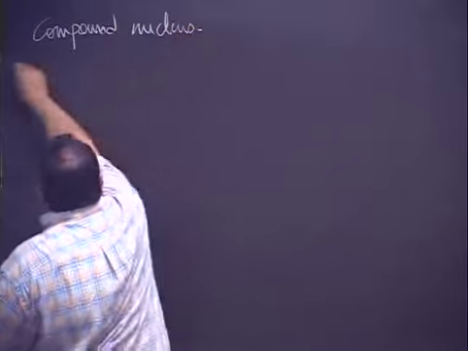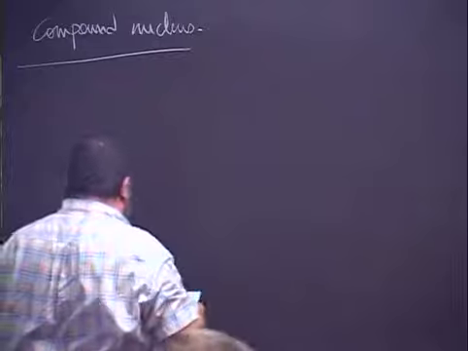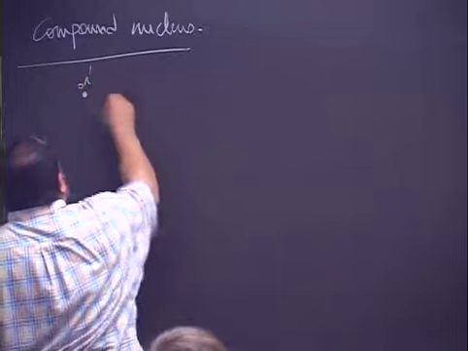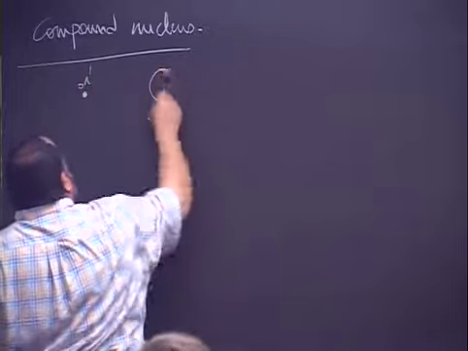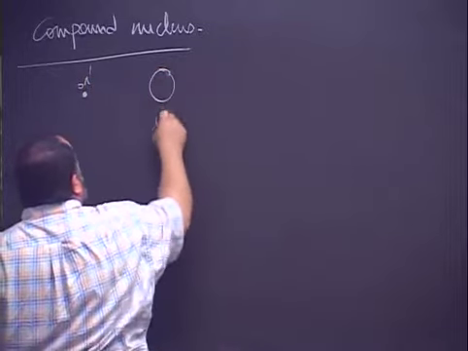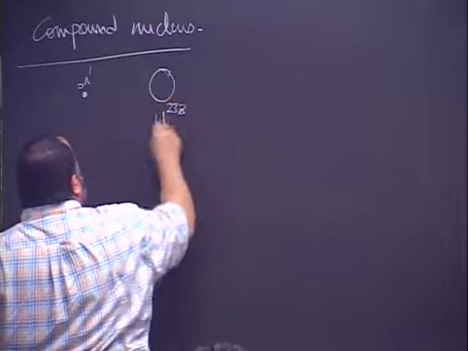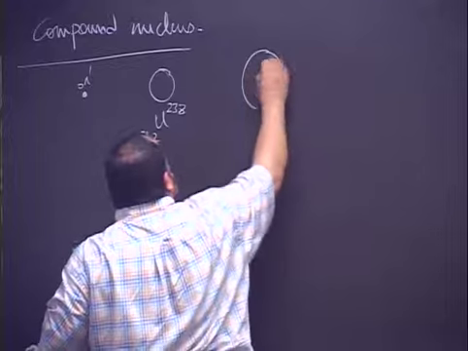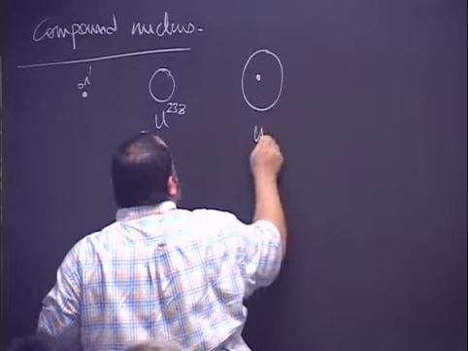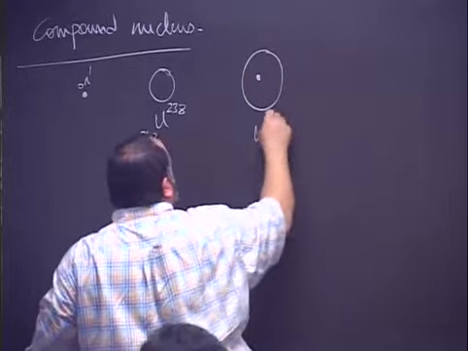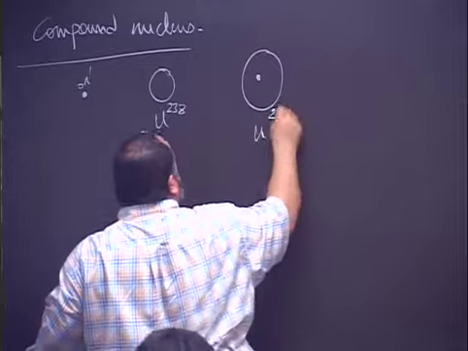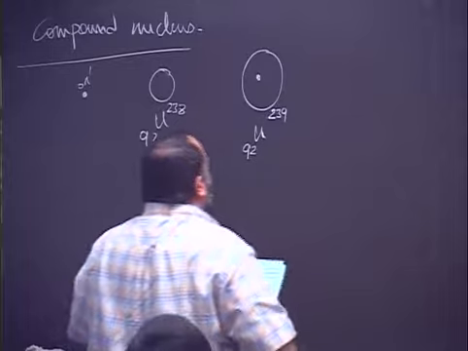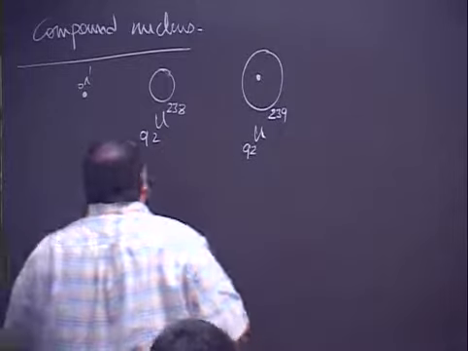Let's assume that we have a neutron moving towards a uranium-238 92. Then the neutron will be absorbed, and then we will make the uranium-239 92. Again, this is a transitional state, and this is the compound nucleus.